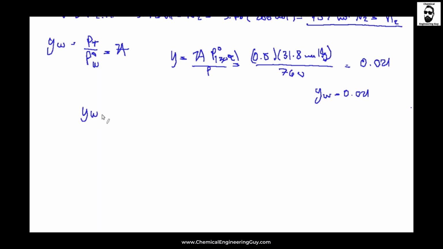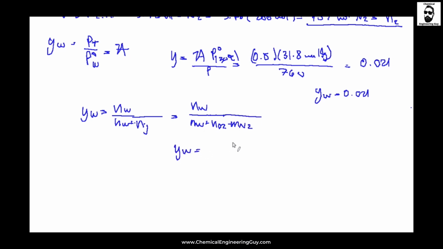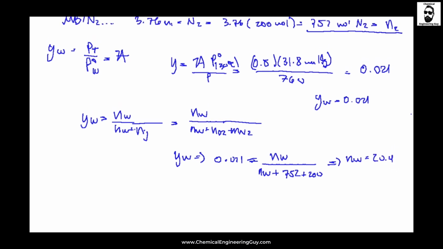Once again, this one goes as N of water over N of water plus NO2 plus N of nitrogen. So Y of water is equal to 0.021. And from here I got moles of water are 20.4, which is exactly the same thing I got before.